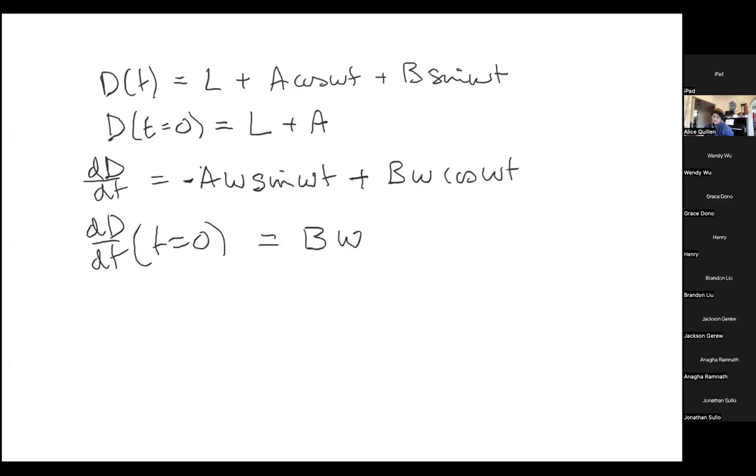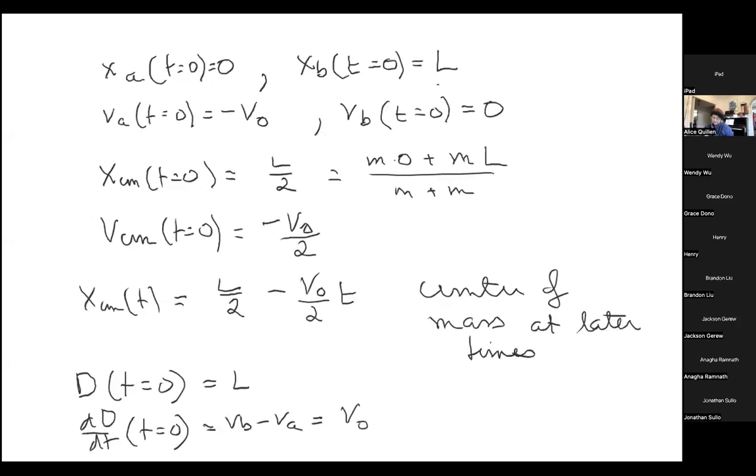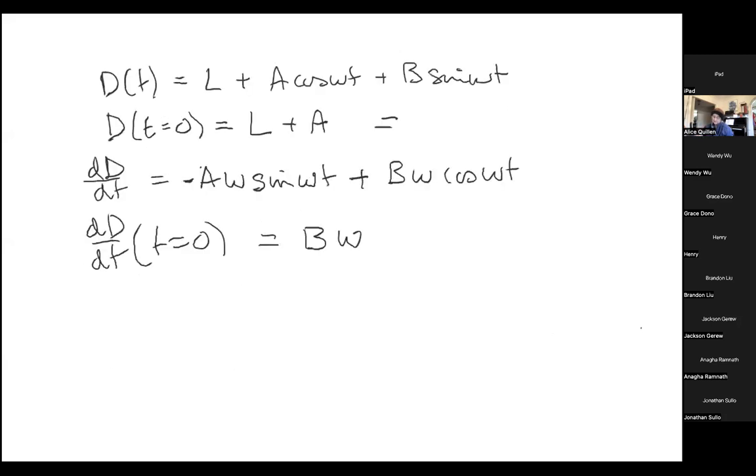Looking back at what we had on our previous slide, D at t equals 0 is L, and dD/dt is V0. So let's go back here. This is going to equal L, and that implies that A equals 0. And this is going to equal V0, and that implies that B is equal to V0 over omega.